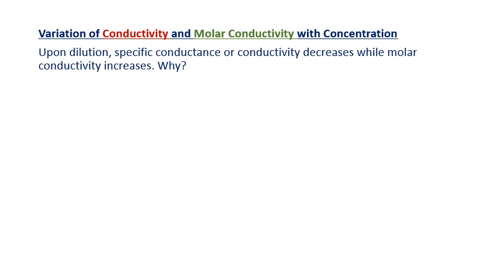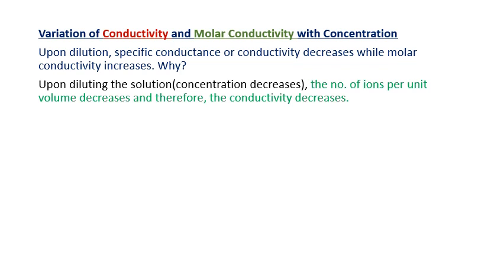Why? It is a very important question. The answer we already discussed earlier. Upon diluting the solution, concentration decreases automatically. The number of ions per unit volume decreases and therefore the conductivity decreases. Very important question, you should learn the answer by heart, make a note.